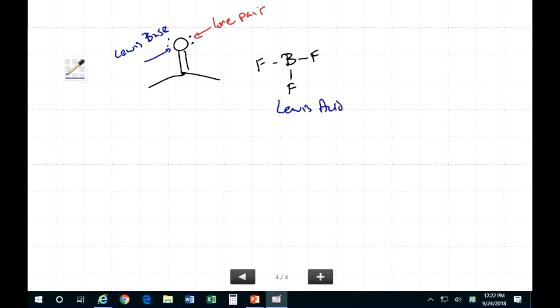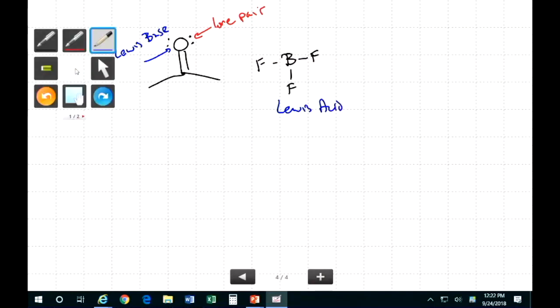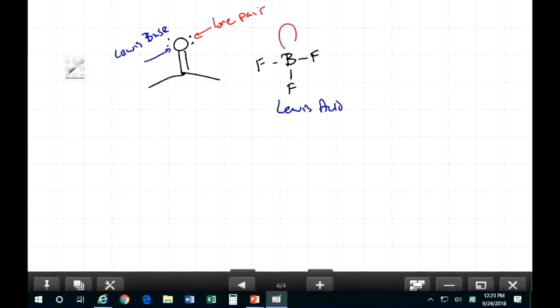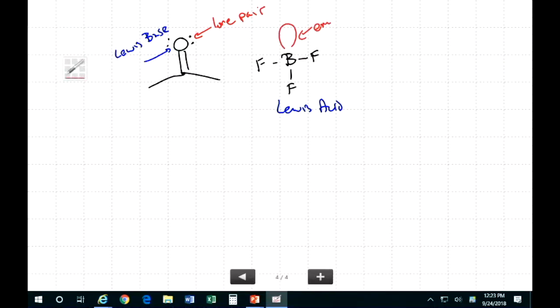So here's where I want you to have a little bit of Gen Chem in your life. If you remember, boron is the oddball of the first row of the periodic table. Boron doesn't ever have an octet. Boron always has 6 electrons around it to be neutral. So boron always has an empty orbital, and that orbital can be filled by electrons.